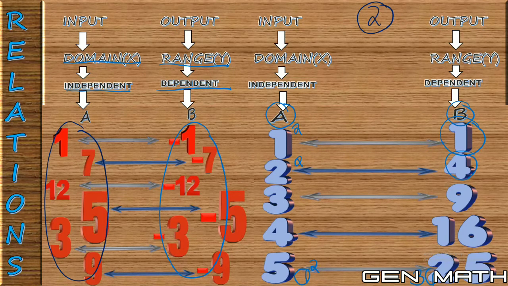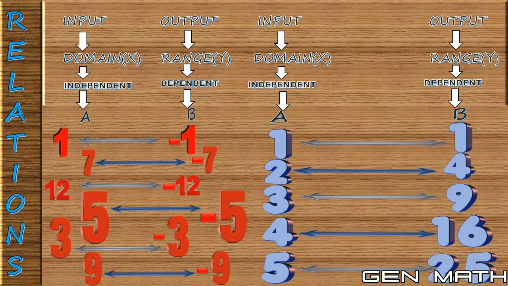So in set B, you cannot add 49 because there is no 7 in set A. So we are going to remove 49. That makes the elements of the range dependent on the elements of the domain.